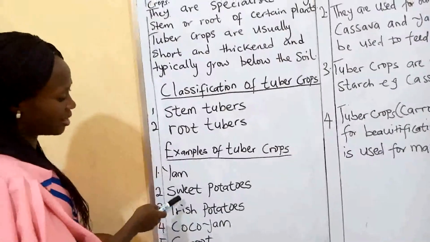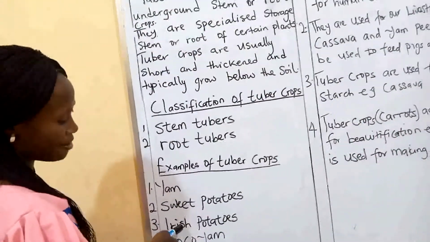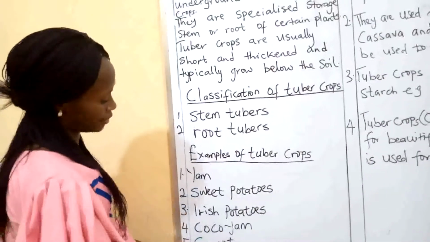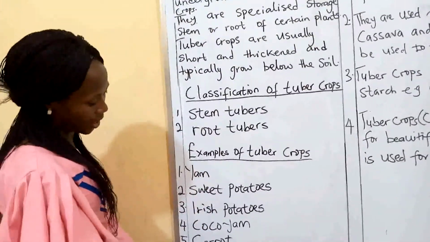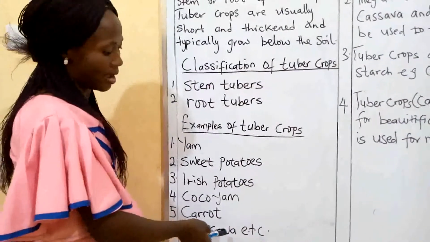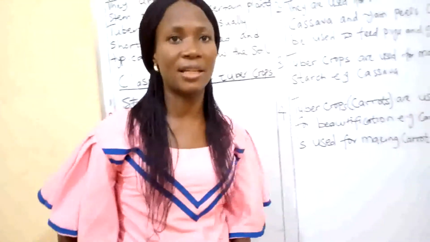The next one we have sweet potatoes. The third one we have Irish potato. These are food that we have been eating. The next one we have cocoyam. The next one we have carrot. Last but not the least, we mention our cassava and other tuber crops that are not listed here.